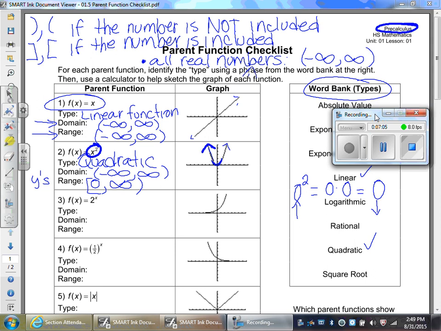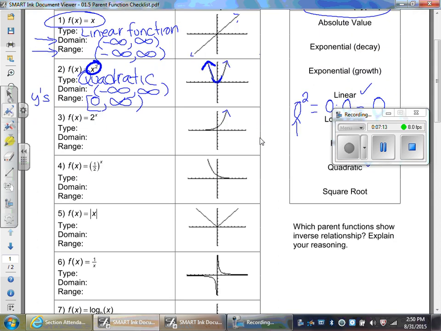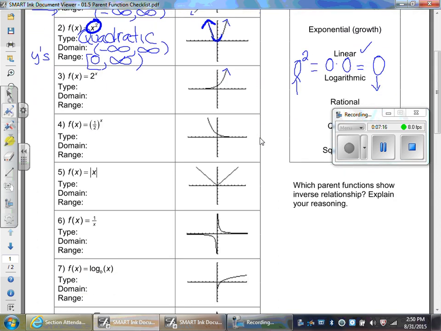Again, I want you to draw some arrows. And also, I want you to do something here. This is one of the biggest mistakes with the graphing calculators. You guys see on the picture that it kind of looks like it's ending right here? It actually does not stop there.